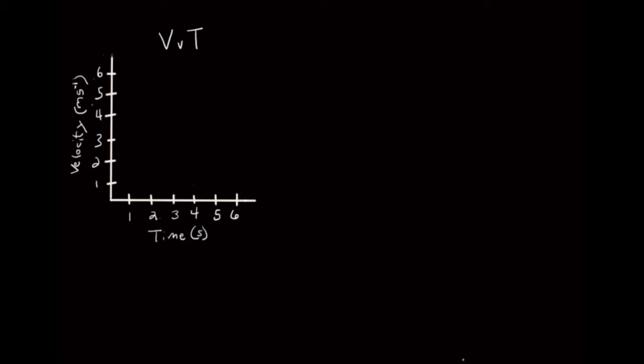All right, so our velocity is going to increase. Let me get a different color here. And so we have a nice constant increase. I'm trying to make this look like we're increasing our velocity at 1 meter per second.